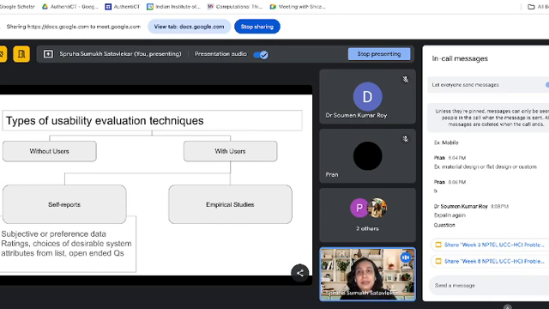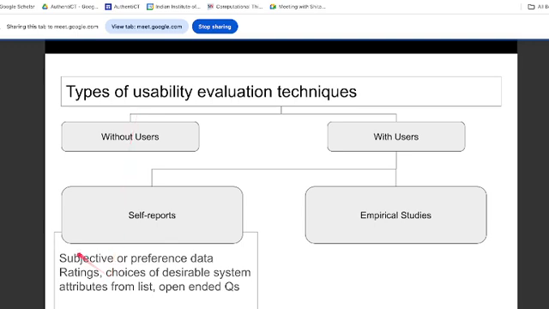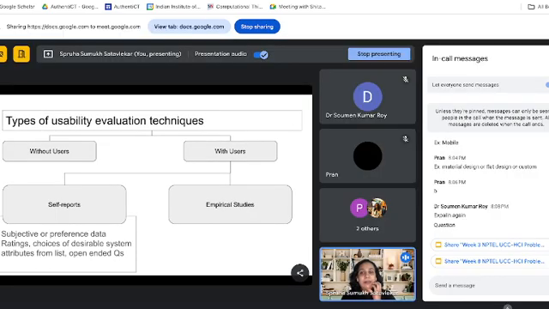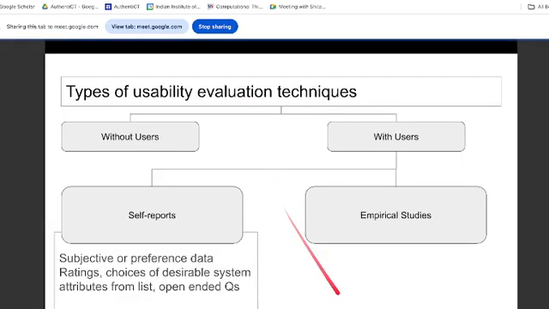That's why these self-reports are usually subjective, or it is preference data. It does not mean that it is very reliable data if you consider a very small number of users.